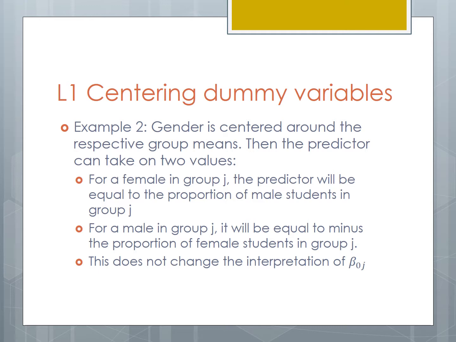So, what if we're centering gender around group means? Now, this might be a little bit different, because remember we were also talking about aggregating to the higher level. And I've seen people calculating a proportion of males or females in a neighborhood, and that is related to sexual risk-taking behavior.